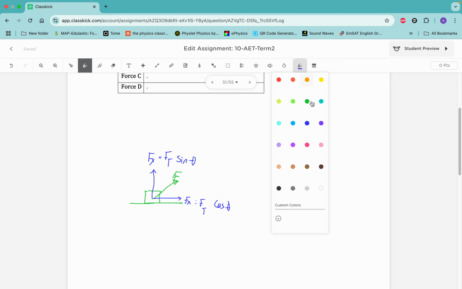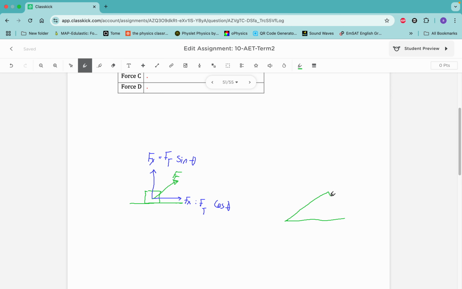But in the case of an inclined surface, this is our horizontal surface and this is the inclined surface, with an angle of, let's consider, 40, and we have an object here.